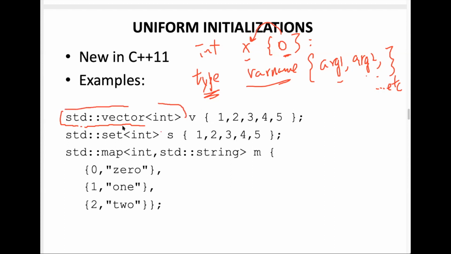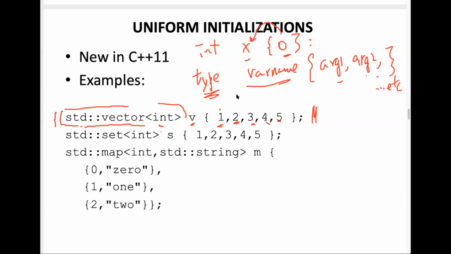You specify the type. In this case, this is a vector template with an integer type. You specify the var name, the curly braces, and you can basically just assign these values one at a time to it. But this is all done at compile time, so it's extremely fast. What is very, very efficient about using this uniform initialization versus writing a for loop is that a for loop is pretty slow.